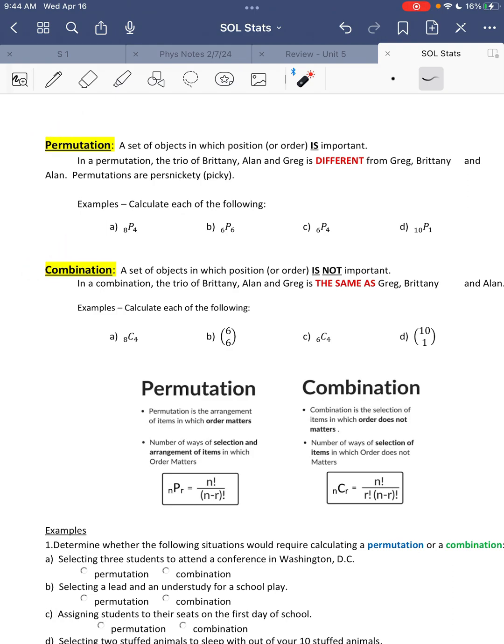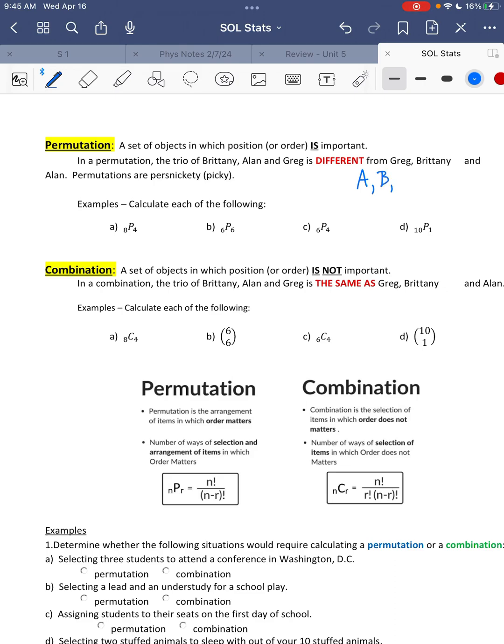So if you have a permutation and you're going to take people, like you have Brittany, Alan, and Greg. And if you care about the order, like let's say it makes a difference of their order. For instance, the first person you choose is going to be president. So if you choose Alan first, then it's different from choosing Greg as president or Brittany as president. And then the second person is going to be vice president.